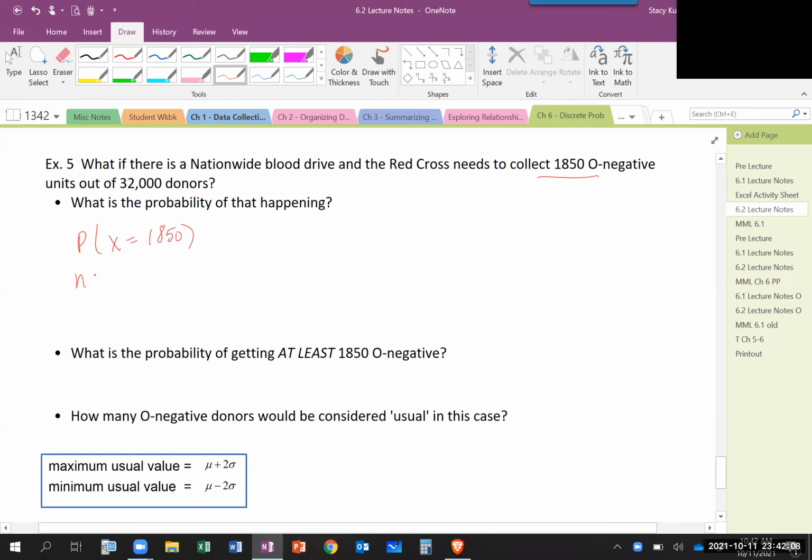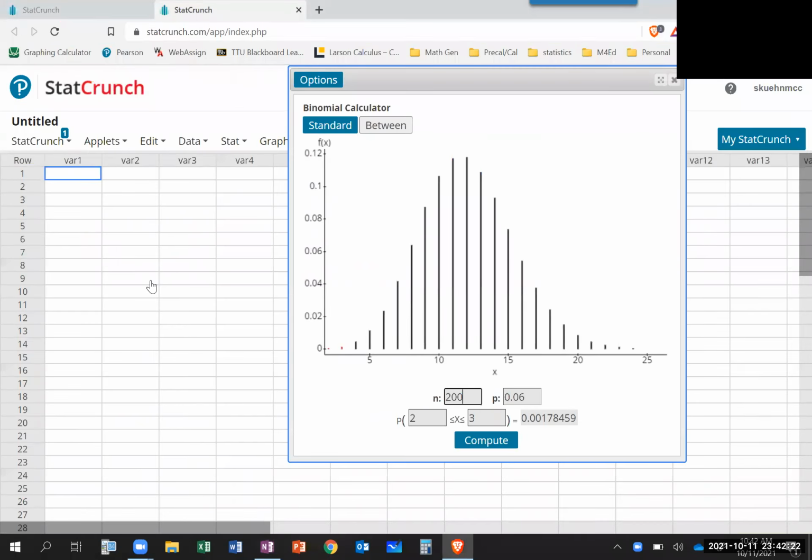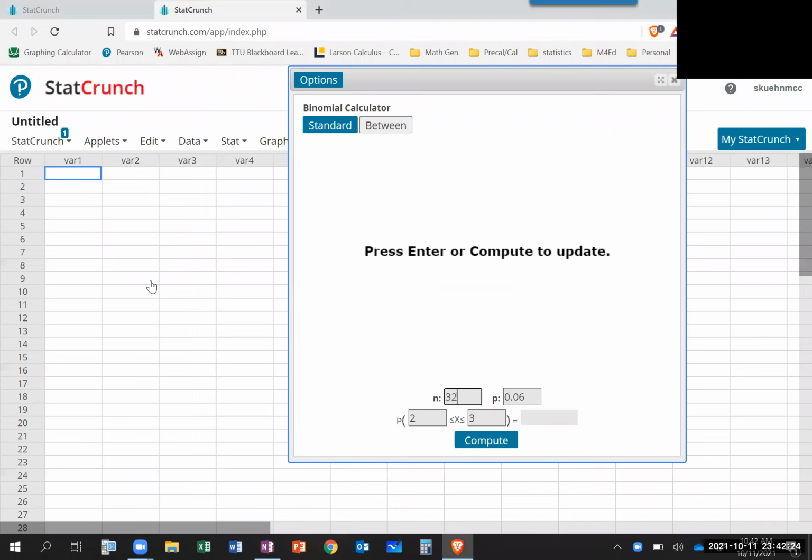What is our sample size that we are now using? 32,000. Okay, now if I go to my calculator, 32,000 is my sample size. Did the probability of finding an O negative person change? 0.06 didn't change, right?